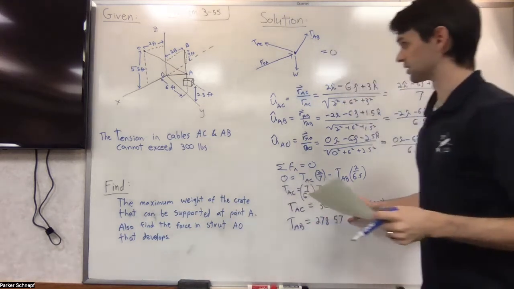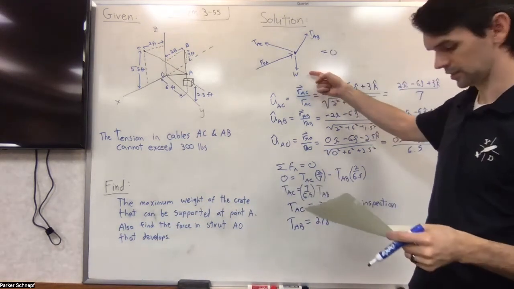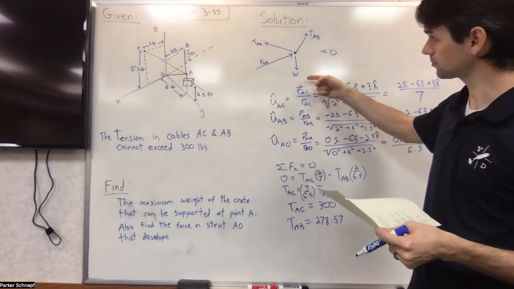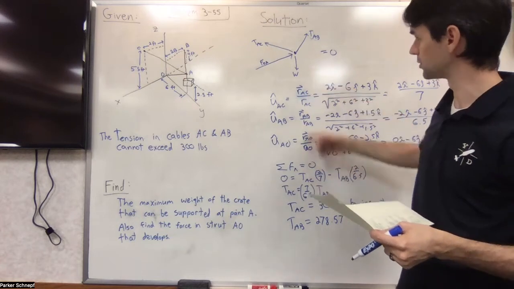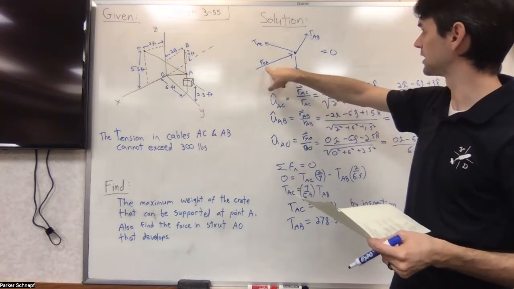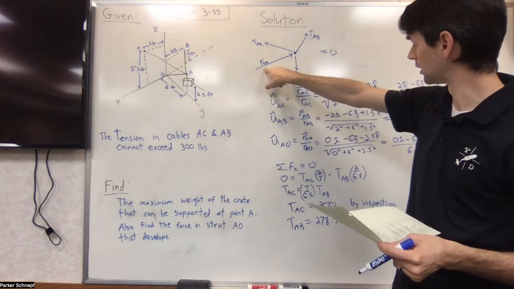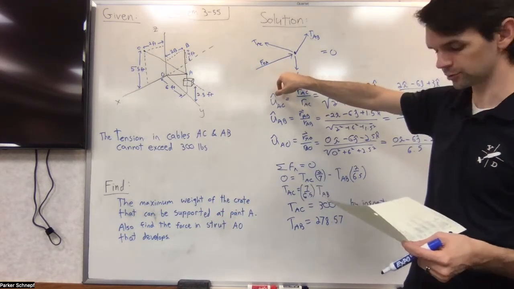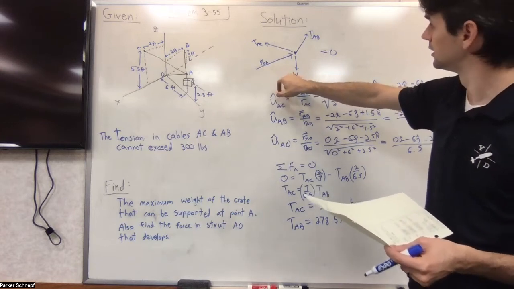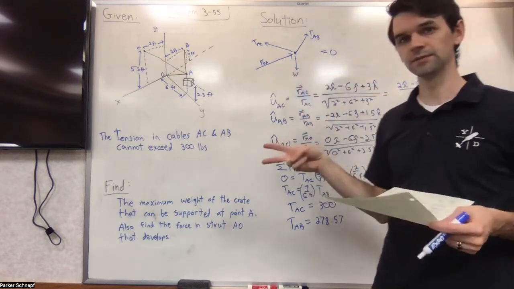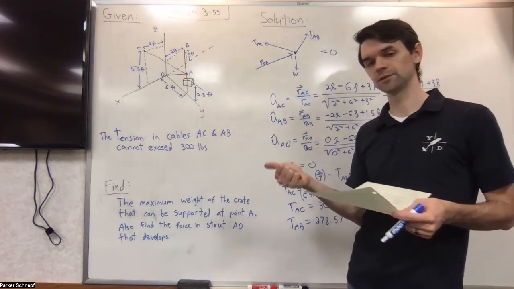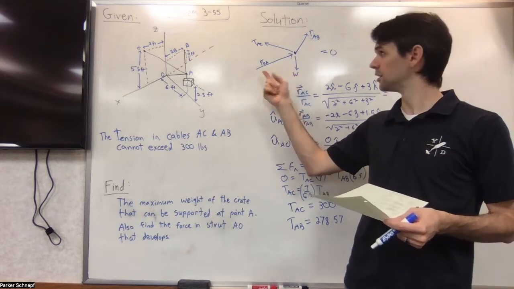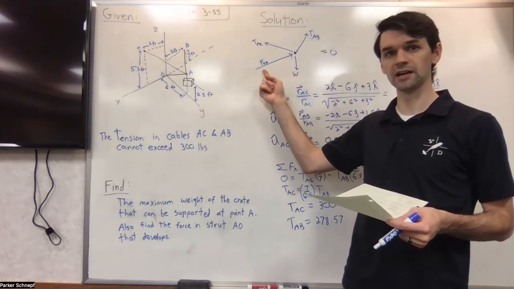Now those weren't the answers I was being asked for, right? I'm being asked to find what W is. So let's find my other forces. Before I can really find W, I still have two unknowns, FAO and W. So I have two equations left I can use: sum of forces in Y and sum of forces in Z. Both FAO and W have a Z component, but only FAO has a Y component.